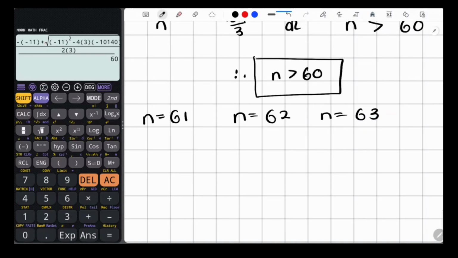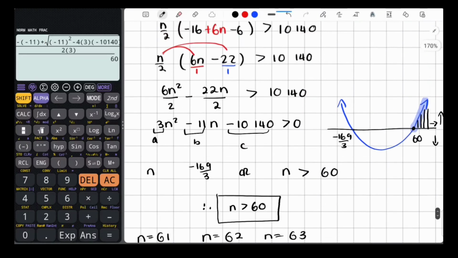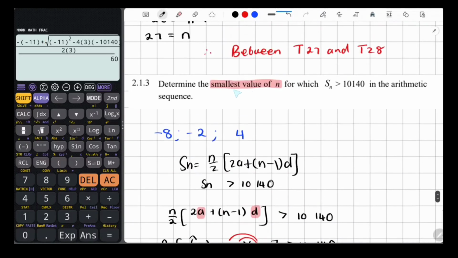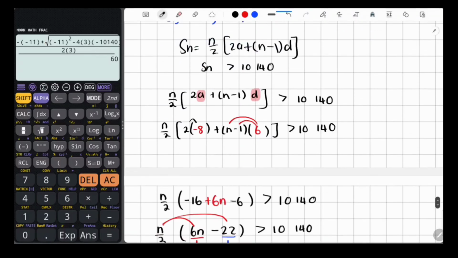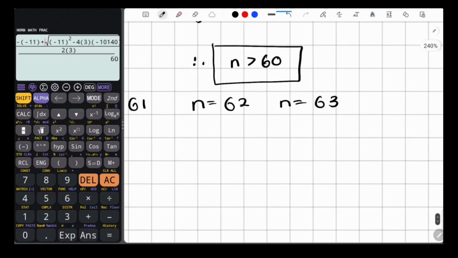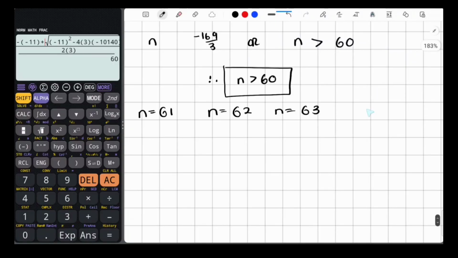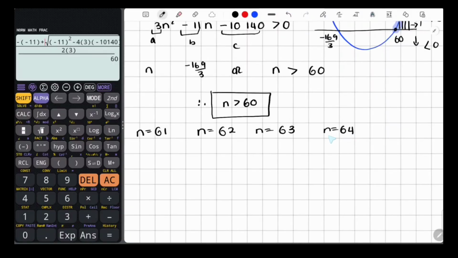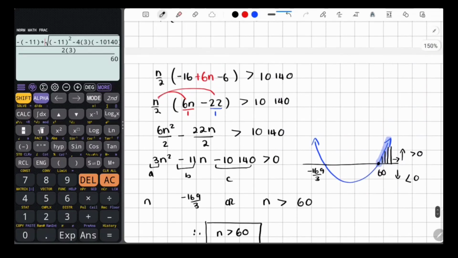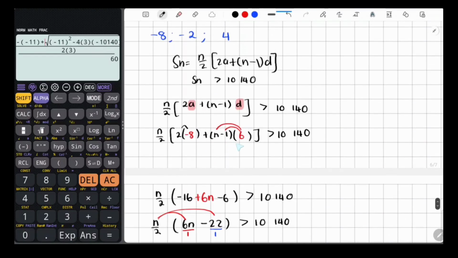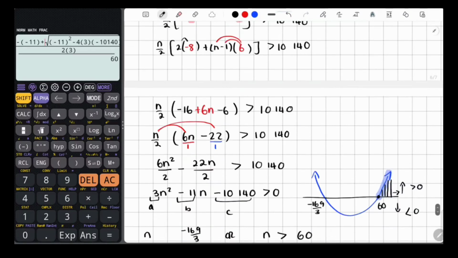Remember, I'm only showing you this so that you can understand what they mean by the smallest value of n. So if they ask, what is the smallest value of n? Looking at all these solutions, n can also be equal to 64. These values will help you to make this expression greater than 10,140.